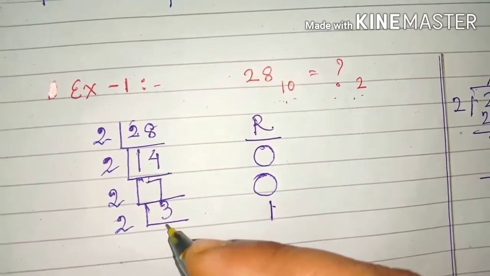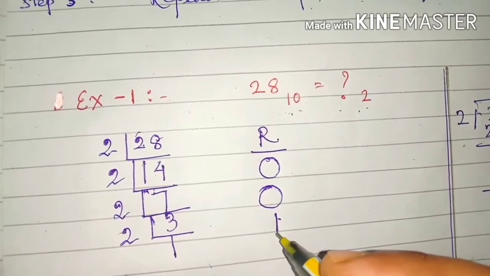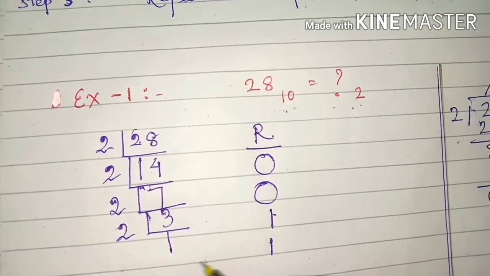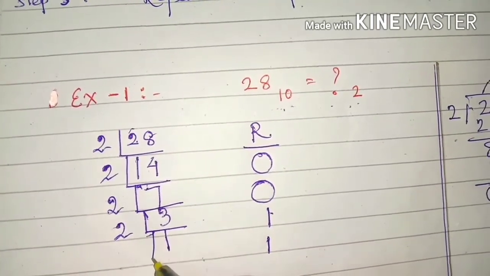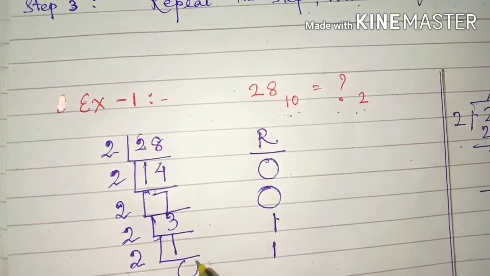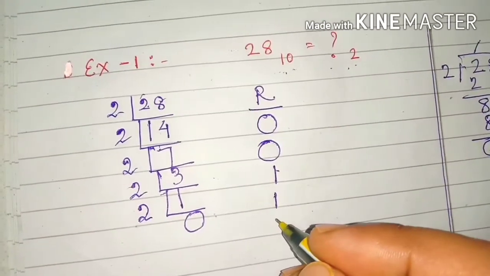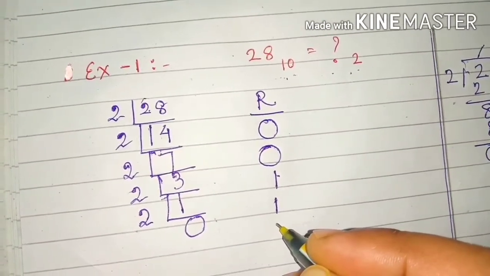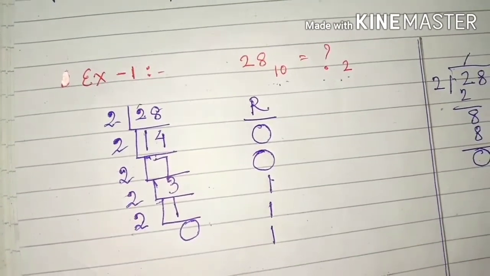Again the remainder, we will get remainder here 1. The remainder will be 1.